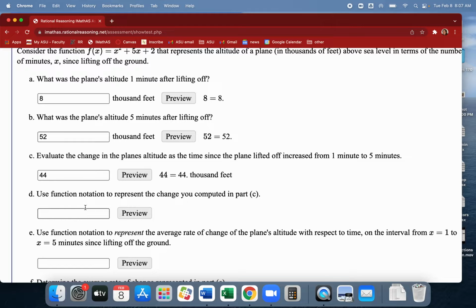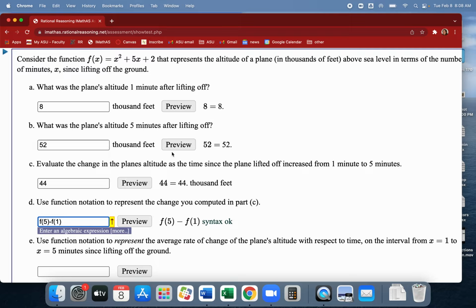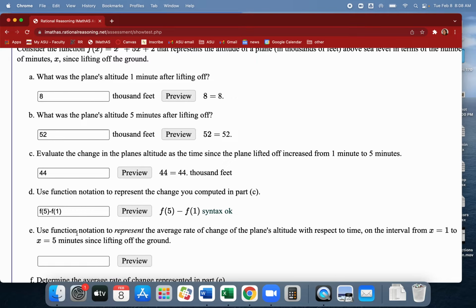Function notation-wise, all we did here to find that 44 was y final minus y initial, f of 5 minus f of 1. f was the name of the function. We're looking at time 1 and time 5, right? If I wanted to find that average rate of change and just represent it using function notation, that average rate of change is just change in y over change in x, just like a slope.